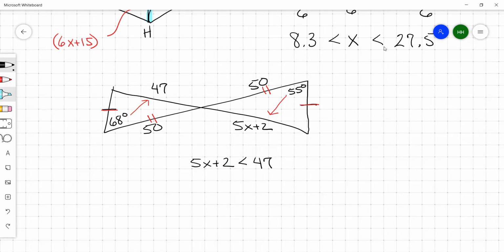We're comparing this 47 to this 5x plus 2. So since the 5x plus 2 is across from a smaller angle, it's going to be less than the 47. But now we're finding the range of values.